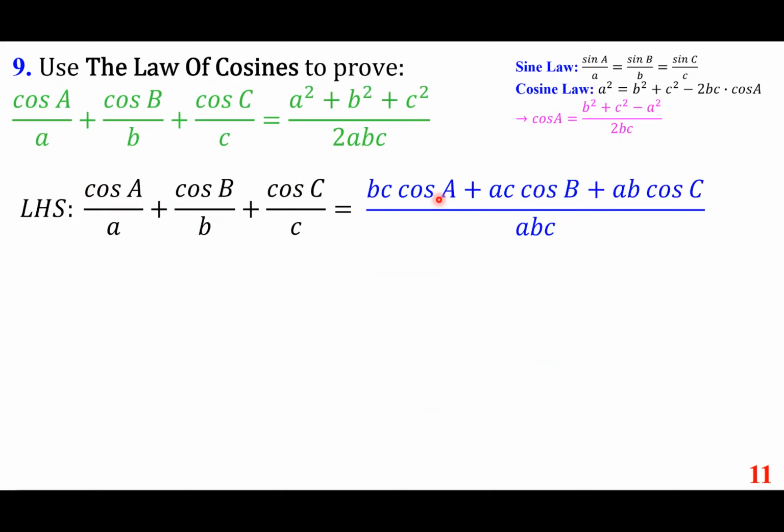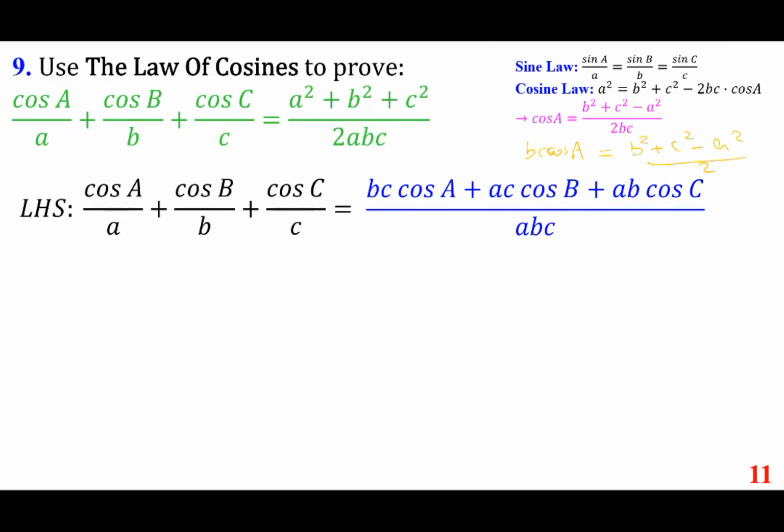Now, we are going to compare this to this. Notice, if I put the BC up here, let me just quickly do that for this one, because I want you to notice this. As I'm looking at this one, I notice this means BC cosine A is B squared plus C squared minus A squared over 2.